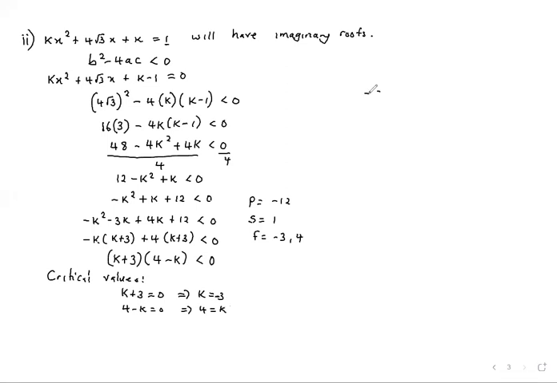So we have negative 3, we also have 4. A number bigger than 4 is 5. In between is 0, and less than is negative 4, less than negative 3. Then we have k plus 3, and 4 minus k.